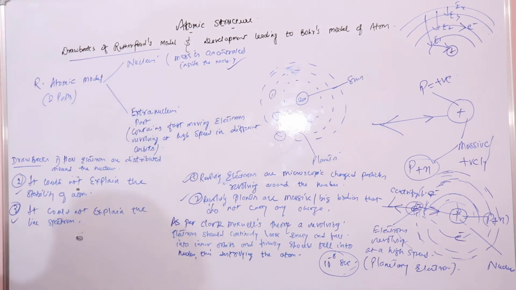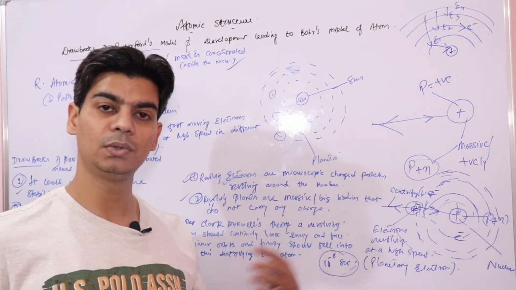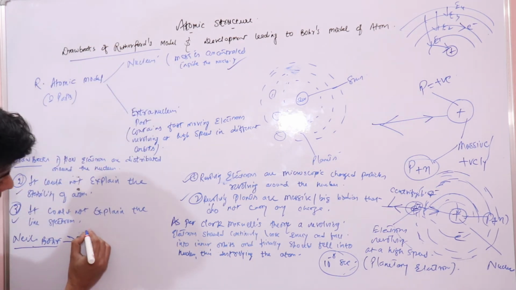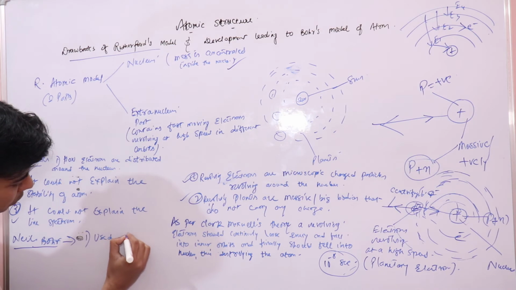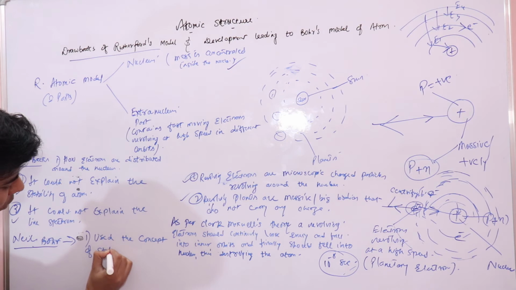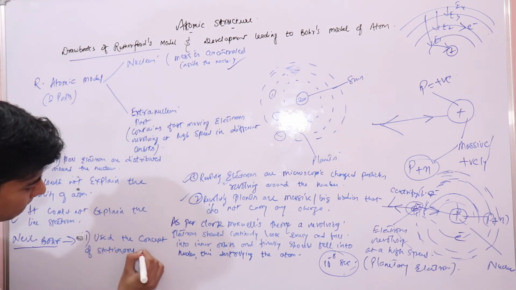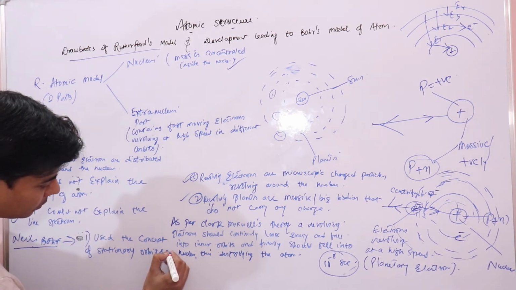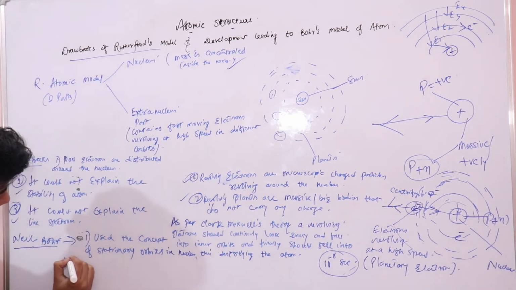Scientist Niels Bohr, what did he do? I just introduce you to this, because we will be doing the Bohr model of atom in detail in next video lectures. Niels Bohr used the concept of stationary orbits in which electrons are moving.